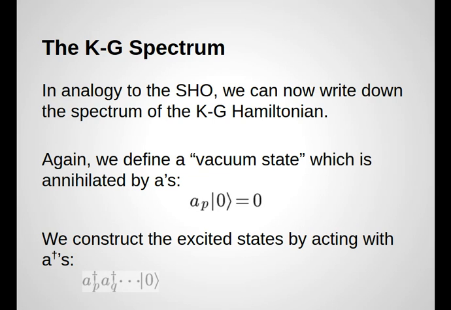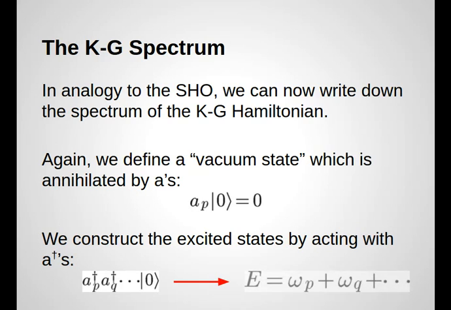And again, we can construct the excited states by acting on the vacuum with A daggers at a particular momentum space point. So I can construct multi-state, I don't want to call it particles yet, I can construct multi-thing states.